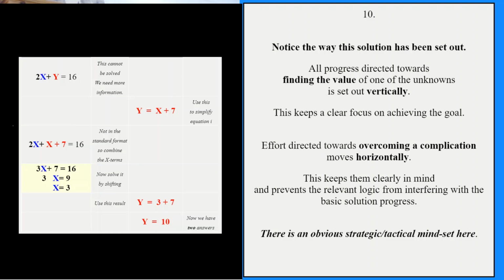This keeps our two different thought processes clearly in mind and prevents the relevant logic from interfering with our basic solution progress. There's an obvious strategic versus tactical mindset here.